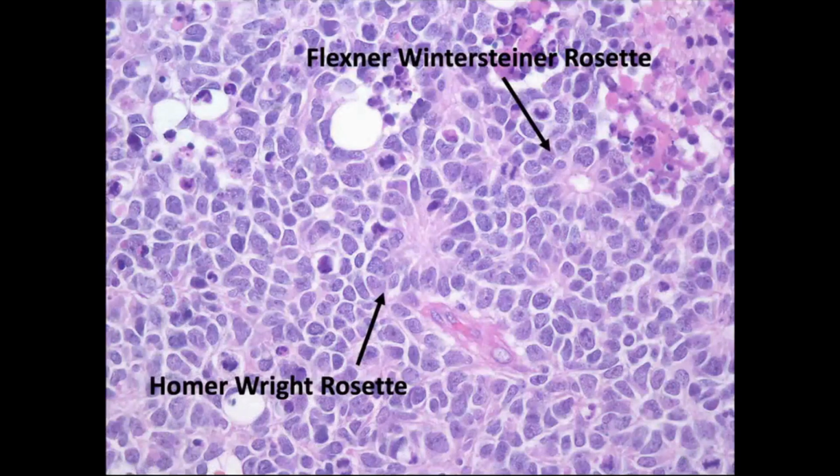So what's classic also within the retinoblastomas at the higher power are the two types of rosettes. The Flexner-Wintersteiner rosettes, where you can see this sort of delineation here, and the persistence of the photoreceptors making up the rosettes, which you don't get classically with the Homer-Wright rosettes.